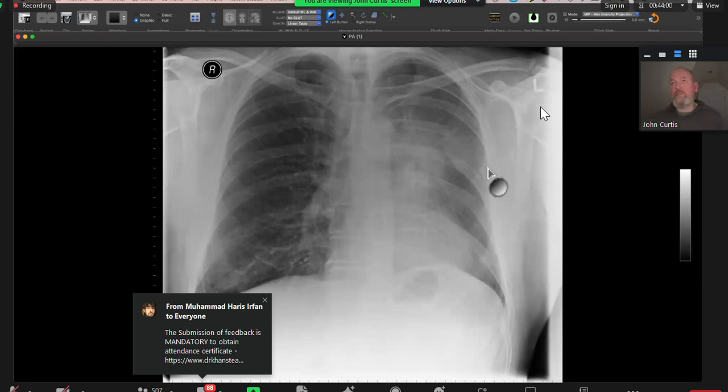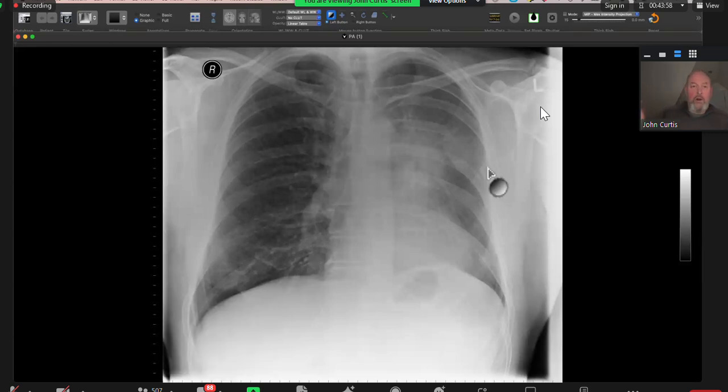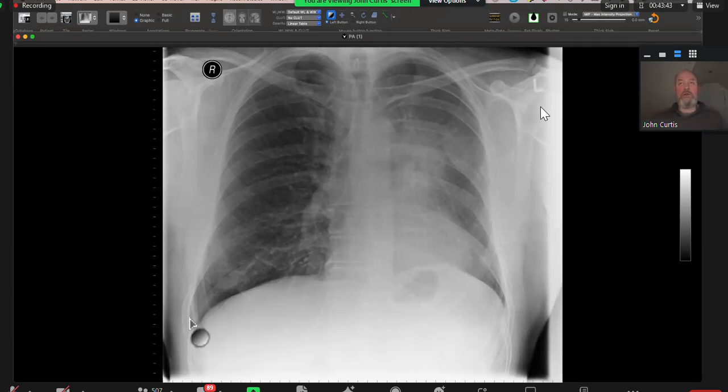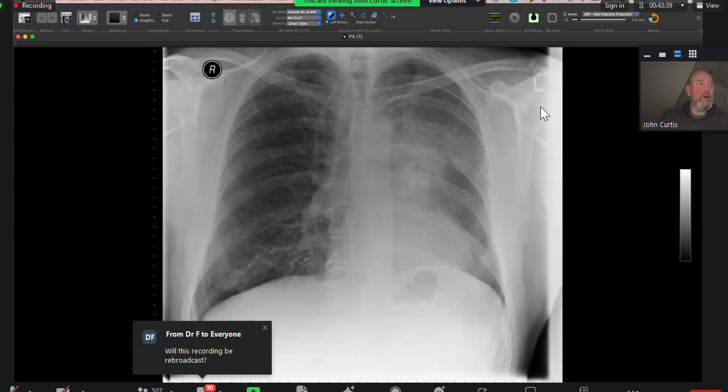Yeah, incomplete border sign. Now, unlike the schwannoma of the rib, which candidate 2 looked at, this rib is destroyed, whereas in the other case, the rib was scalloped. So this patient's got left upper lobe collapse due to a hilar tumor, and we've got a rib deposit. Yeah, well done.